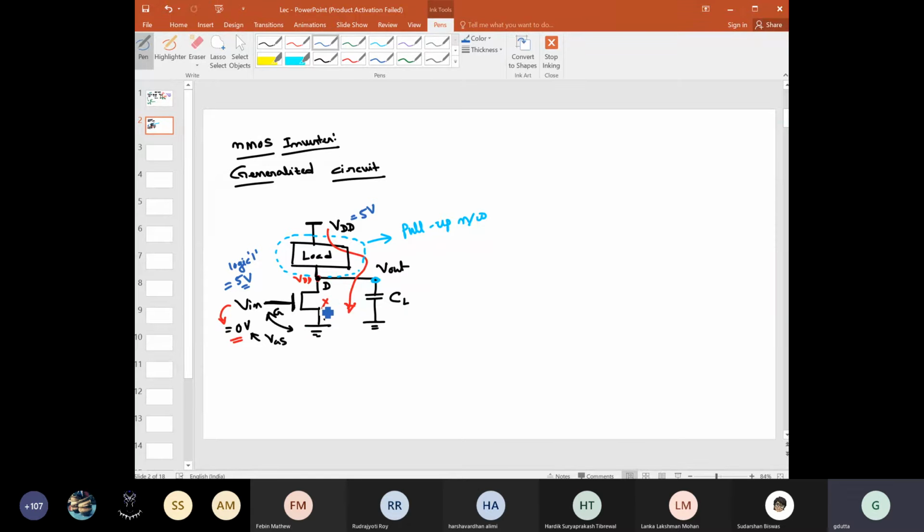We will see which mode it is operating in later on, but at least we can say that this transistor is on. So one current will flow through this transistor, that is ID. But you can also see this current has to flow through this load, right?